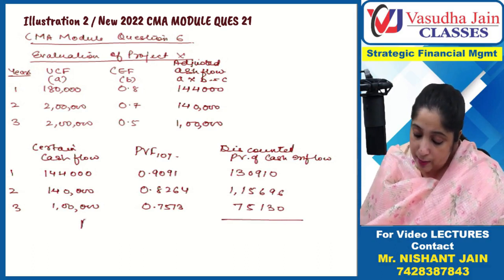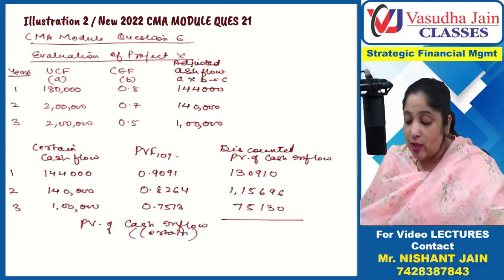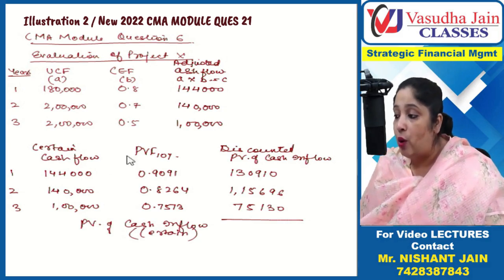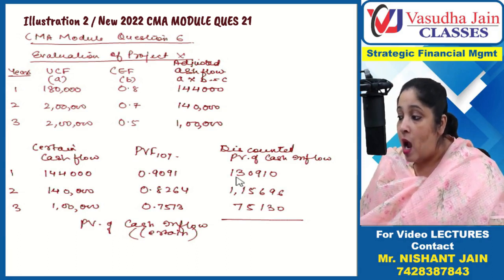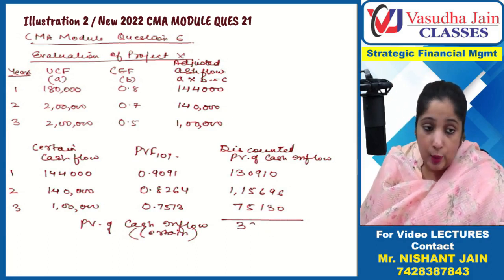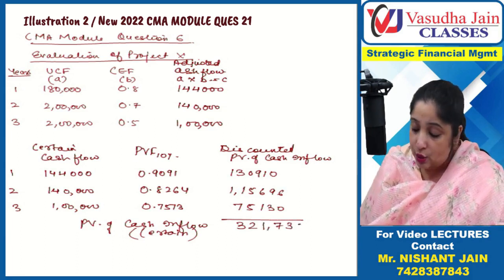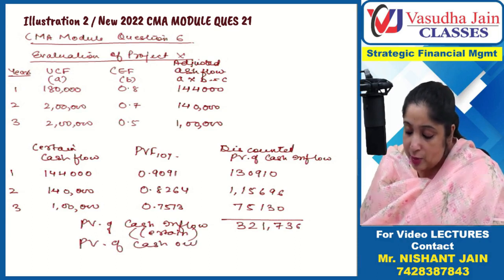So if we add this present value of certain cash inflows, how much investment should you do if you want to earn the return at the rate of 10%, as on today? So 3,21,736 should be your investment, but you are being asked to invest 3,40,000 in this project.